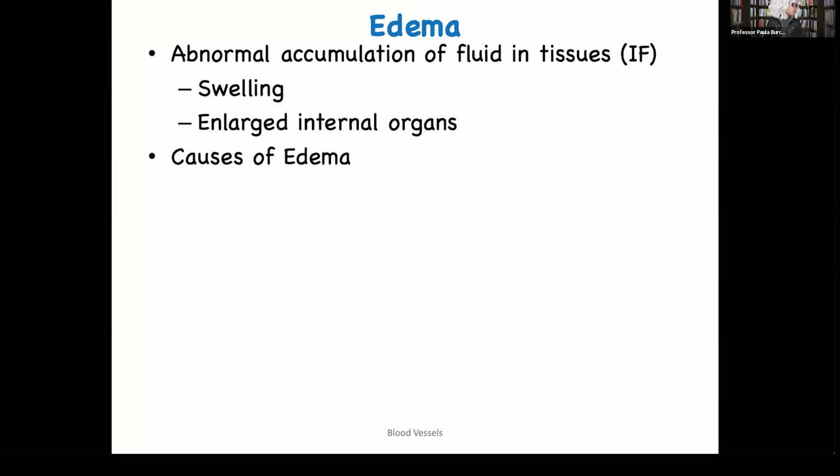There are several causes for edema. The first being increased filtration due to elevated hydrostatic pressure or blood pressure in the capillary. This increases the amount of fluid that is filtered.